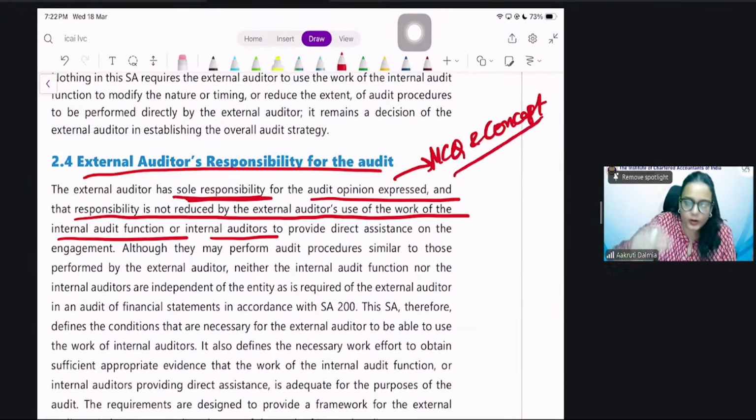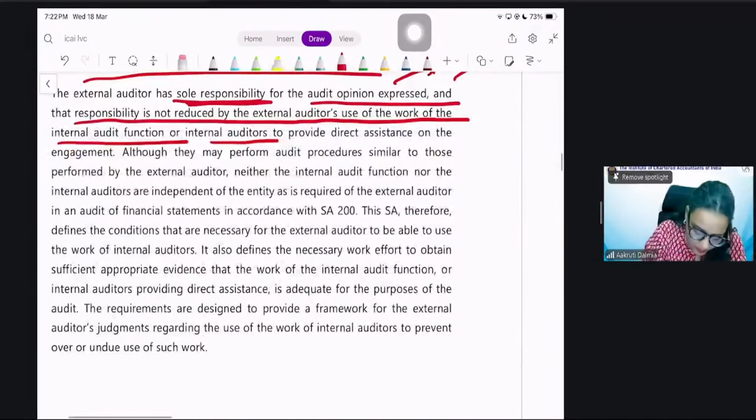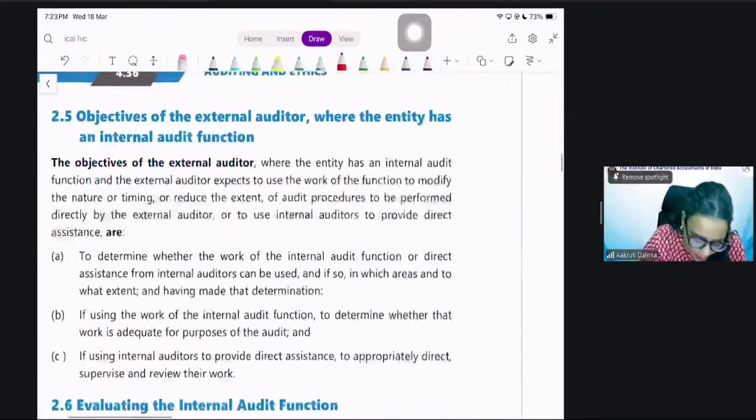This is not very important in terms of a short note, but it is such important information that even if you use SA 610, even if you use the work of the internal auditor, even if you use the internal auditor directly, it is you who are responsible for the opinion. That is not anyone else's responsibility. Okay. So these are all other examples, but simply, you have to take the responsibility. So that is the main point.